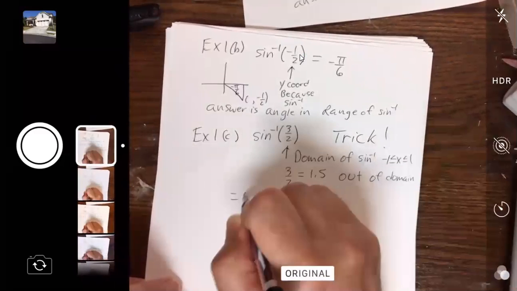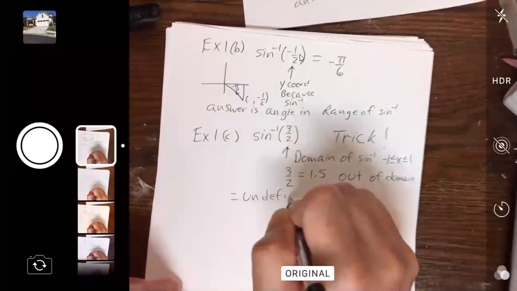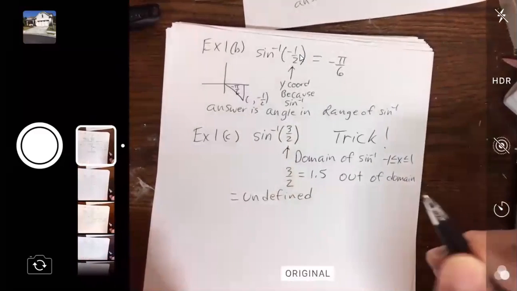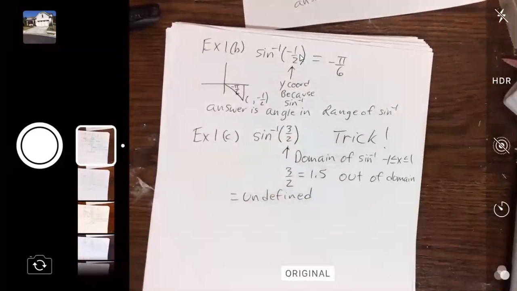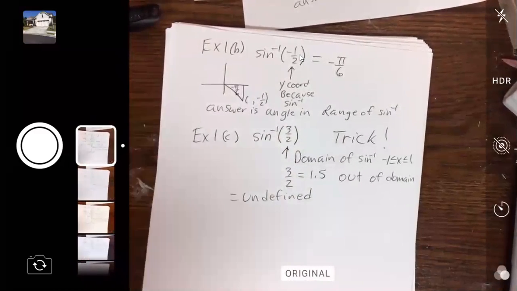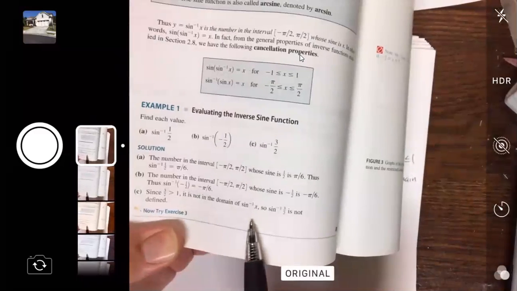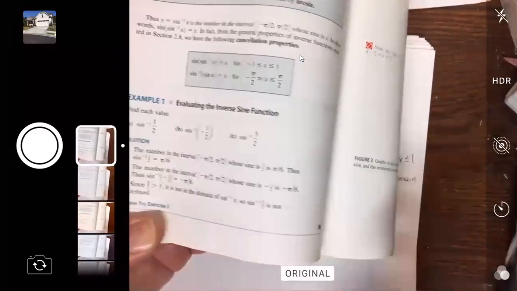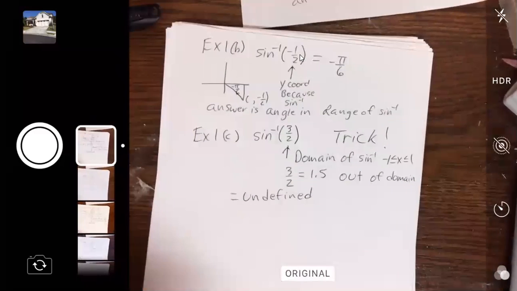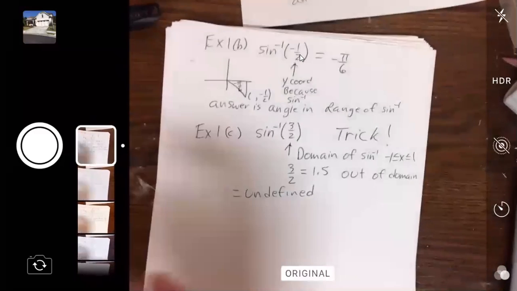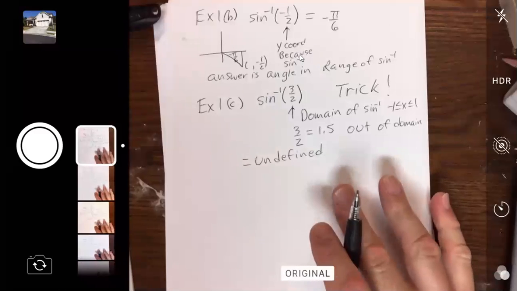This is undefined. You got to be really careful about these things. And that's what they're saying here. 3/2 is greater than 1. It's not in the domain of arcsine. So this is not defined. You say undefined.